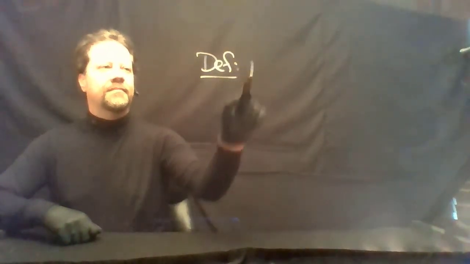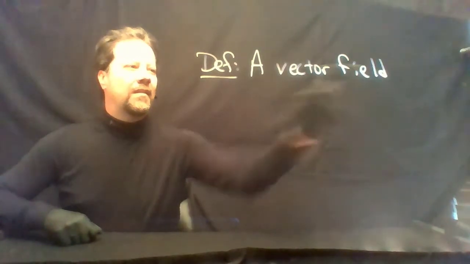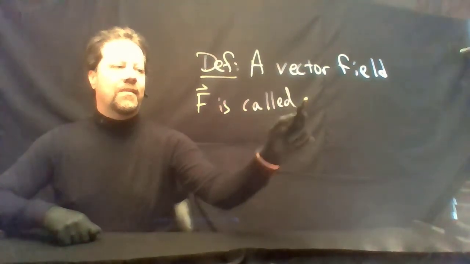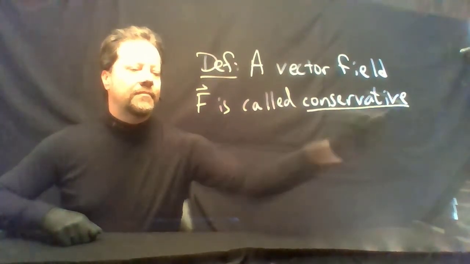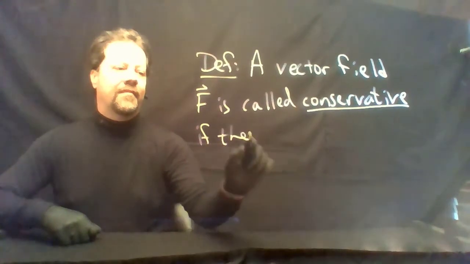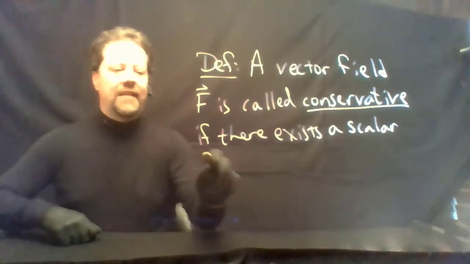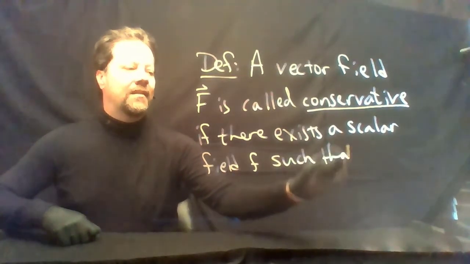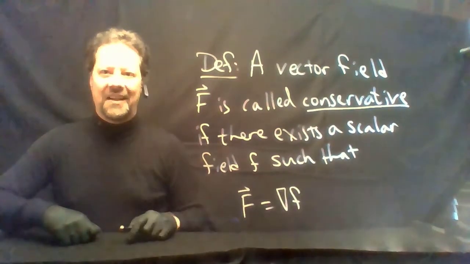I'd like to define a special kind of vector field. A vector field F is called conservative if there exists a scalar field, a scalar valued function, little f, such that the vector field big F is the gradient of little f.